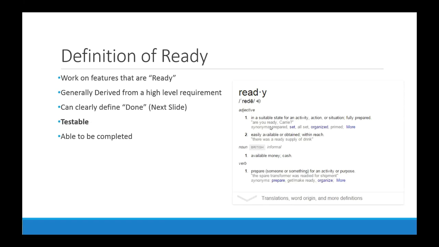You can figure out an endpoint so that you know that you were successful in writing your code. This testability is a key feature in my mind to what something being ready is.